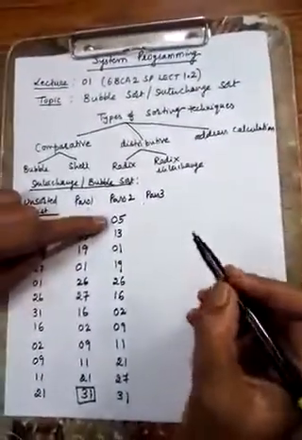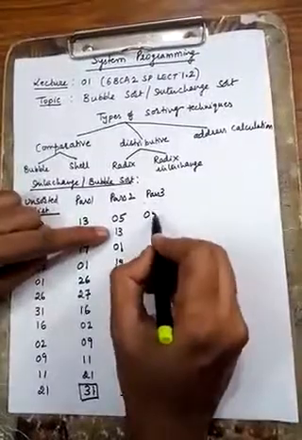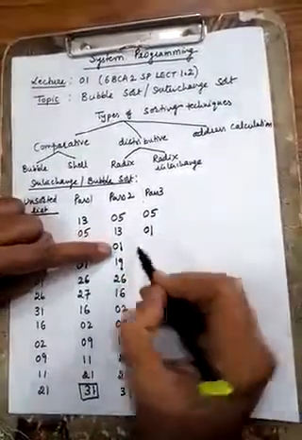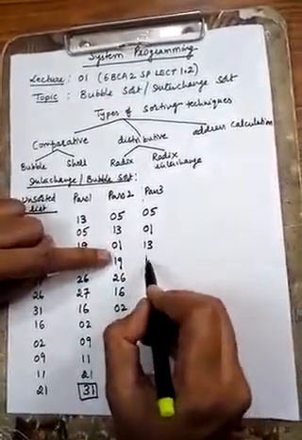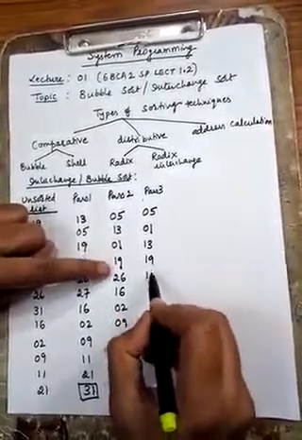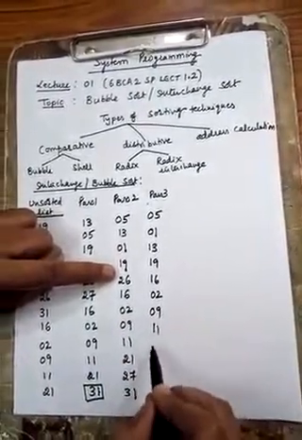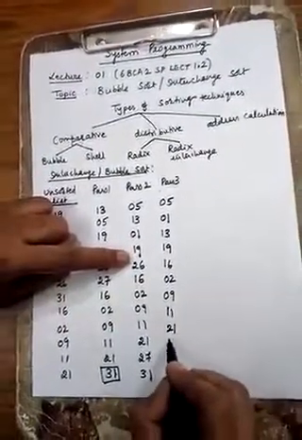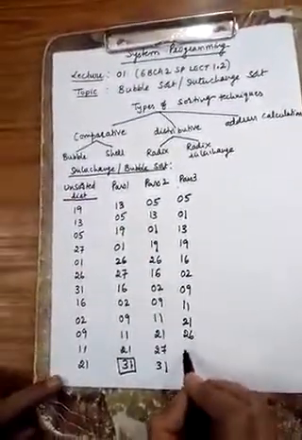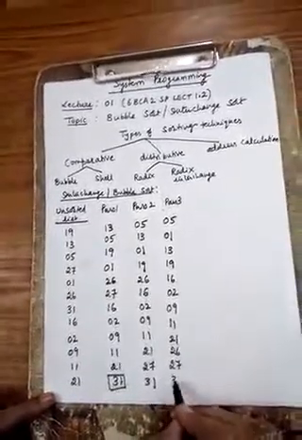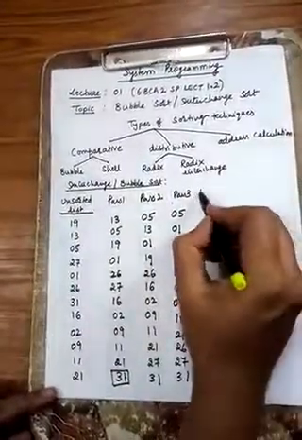Again the process is repeated. So 5, 1 will come here, then 13, 19, 16, 2, 9, 11, 21, 26, 27 and 31. Still it is not sorted.